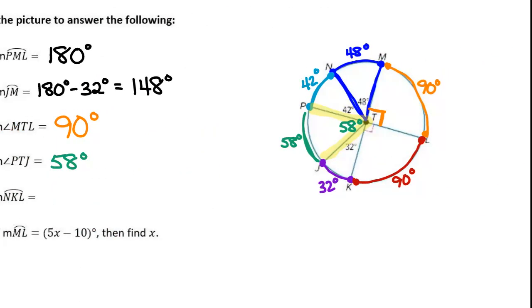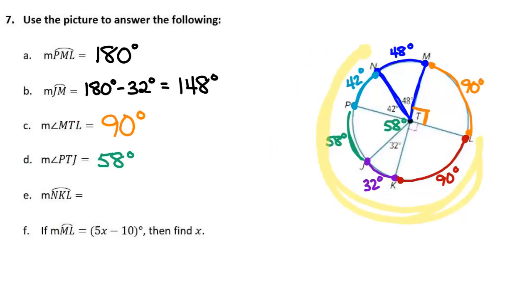Arc NKL, so we start at N. We go past K, and we stop over here at L. How much? Close. Super close.